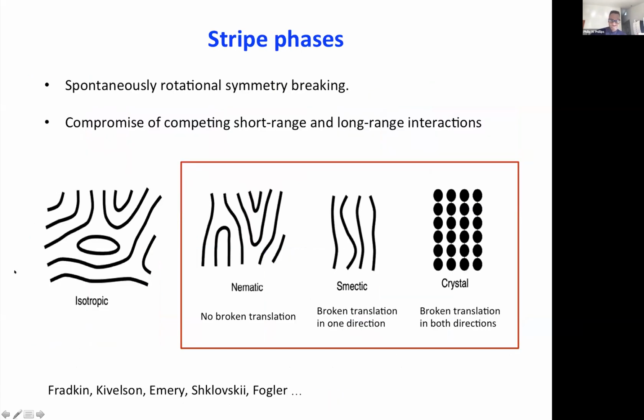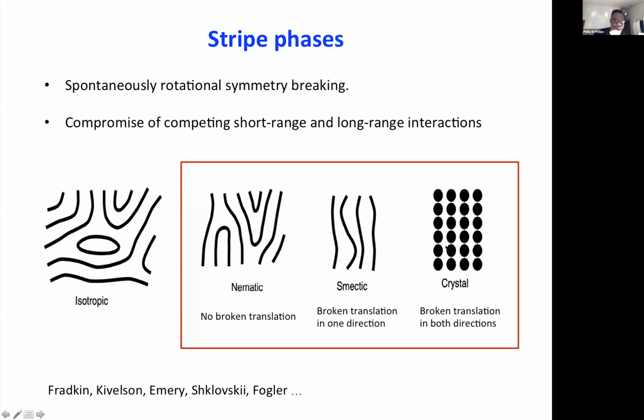Okay, first of all, a very general introduction for stripe phases. They are just phases that spontaneously break the rotational symmetry of a material, right? Stripe phases usually can mean a few different things. It can be a stripe crystal. In this case, in addition to the broken rotational symmetry, it also breaks the translational symmetry of the system.